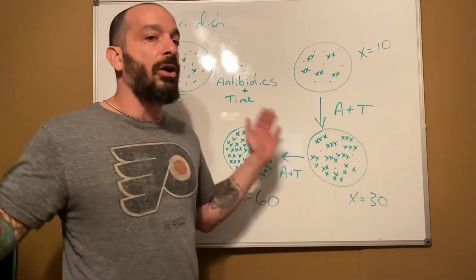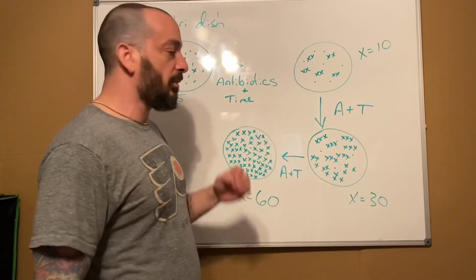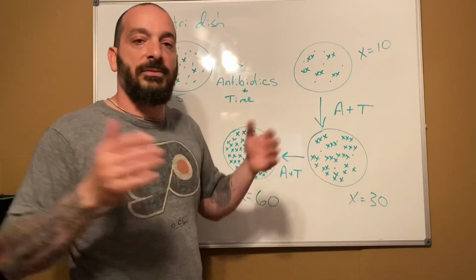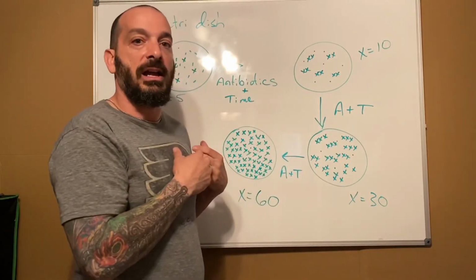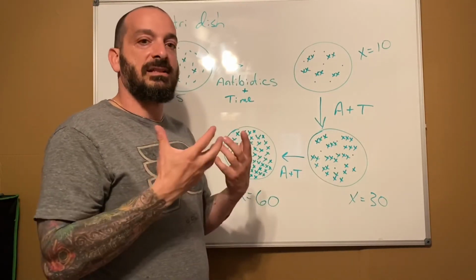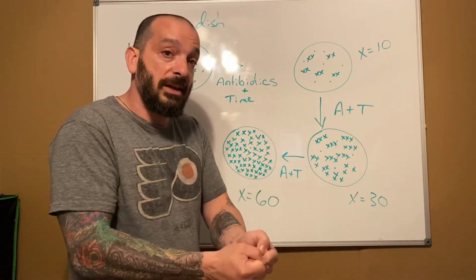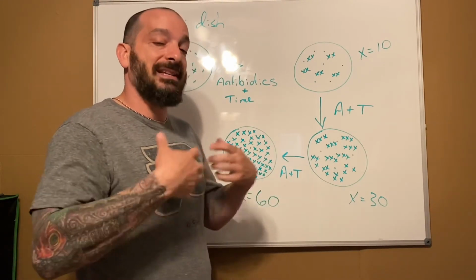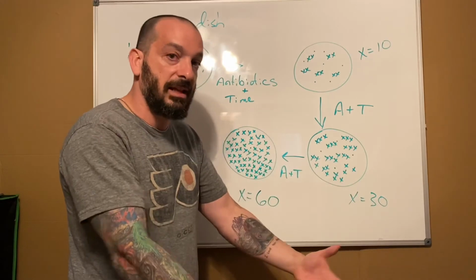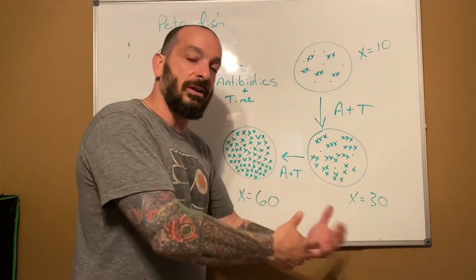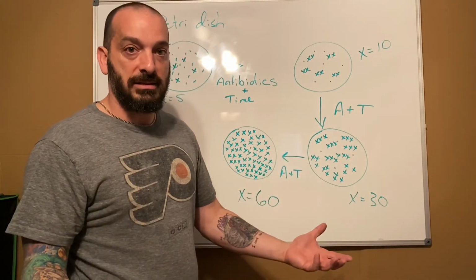And it works for every organism. Everything that we see in life has evolved in this way. Something that has some sort of advantage in that environment will have more offspring, will live longer, and pass its traits on to its offspring. Those offspring will live longer and have more babies.